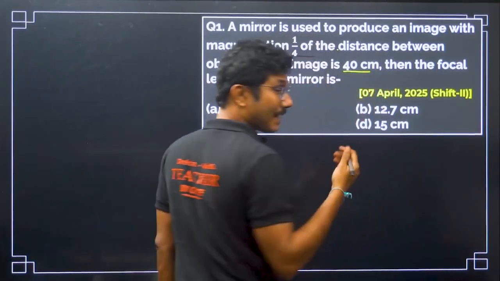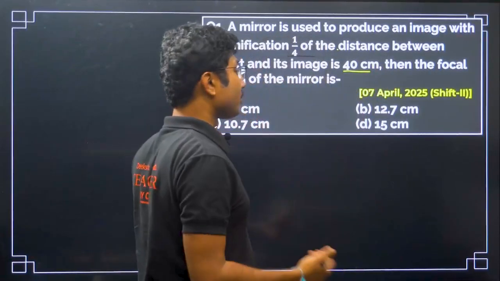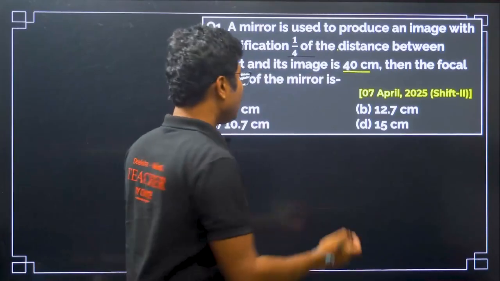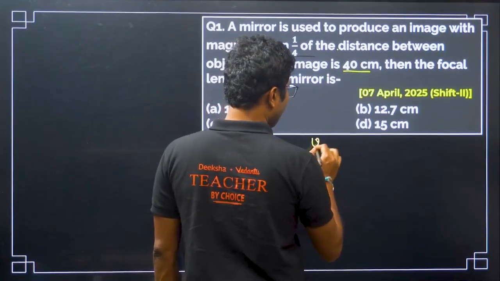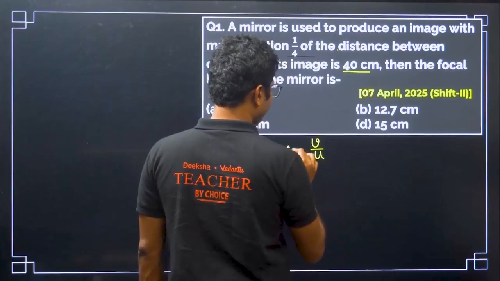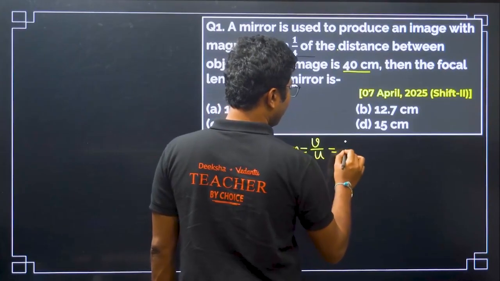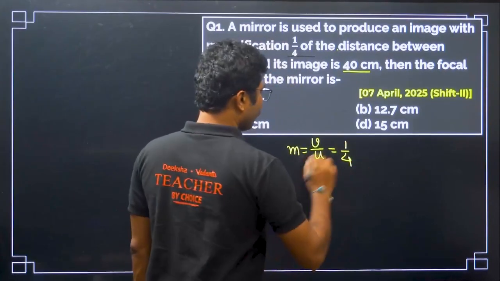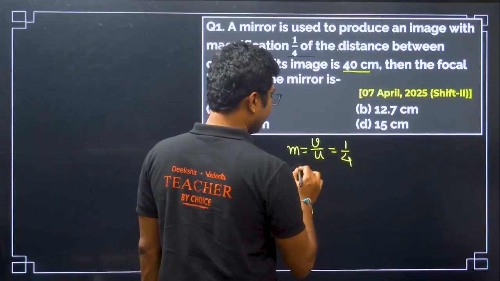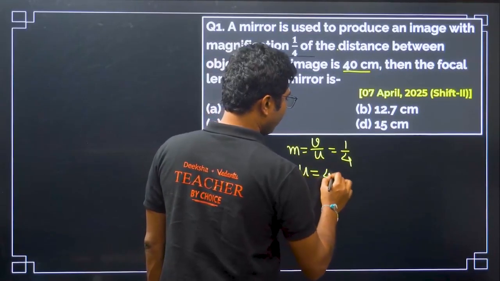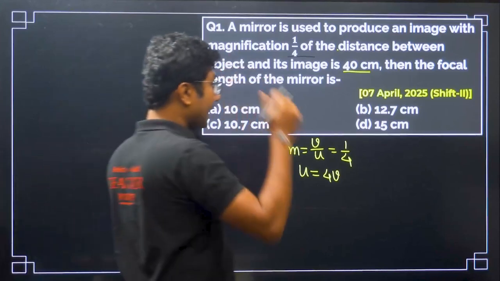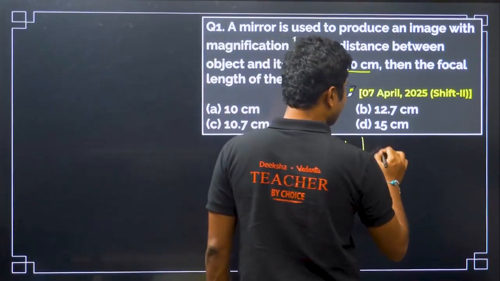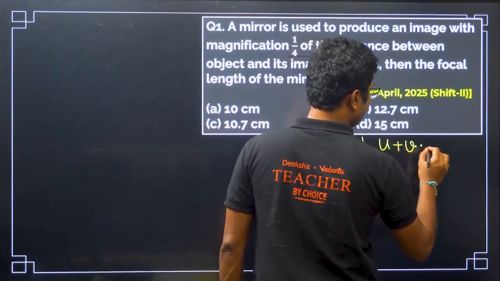So what is magnification for a mirror in terms of only magnitude? If you consider the magnitude, we know that V by U is the magnification, which is given as 1/4. So from here we get that U equals 4V. It is also given that U plus V equals 40 centimeter.